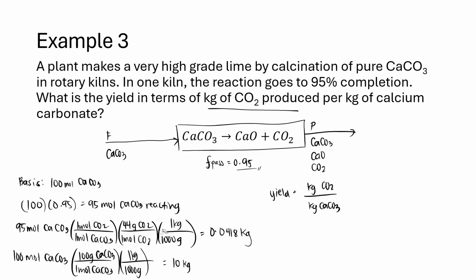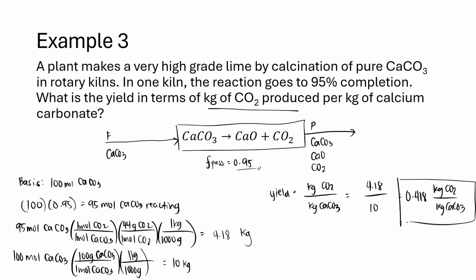This is 4.18 over 10. So that's just 0.418 kilogram of carbon dioxide per kilogram of calcium carbonate. That's it.